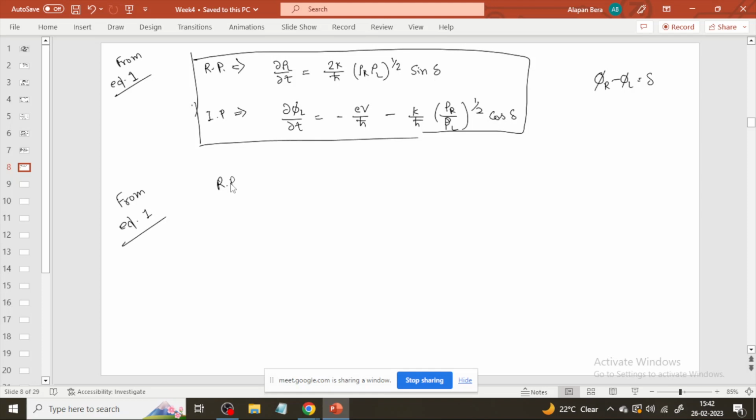By equating the real part, we will get d rho R by dt equal to 2k by h bar, root rho R rho L, half sine delta, and by equating the imaginary part we will get like this.